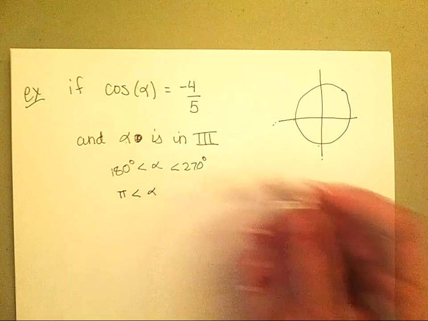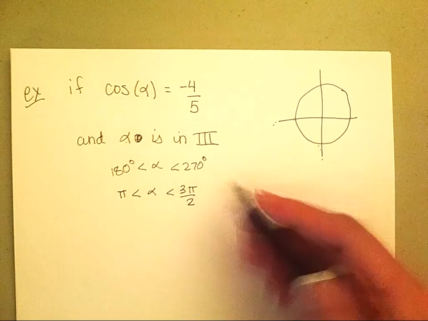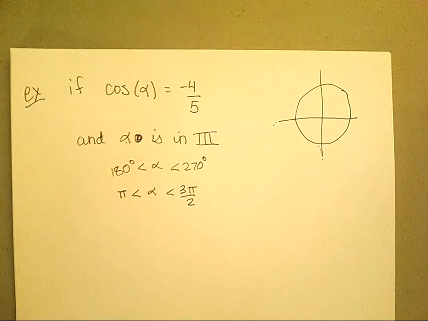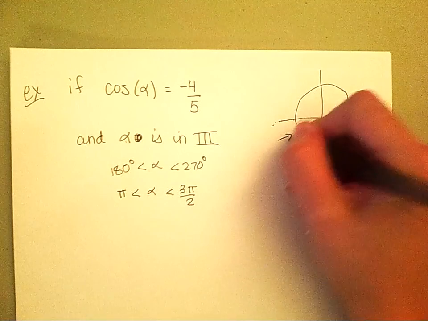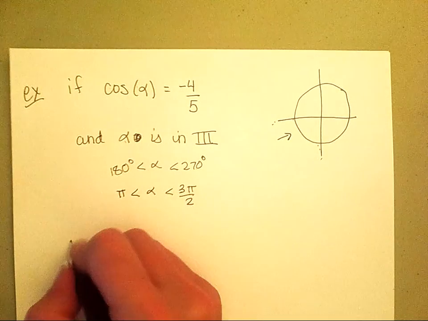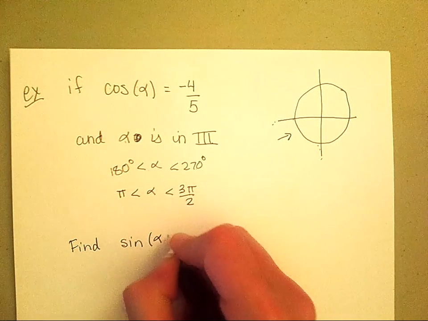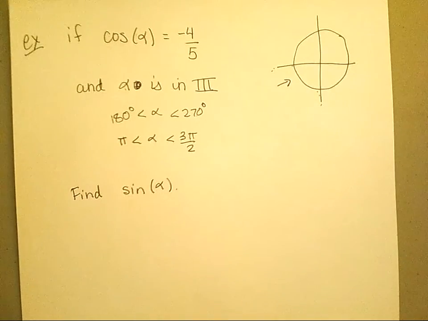Another way would say, well, this is pi less than, and this is 3 pi over 2. These are all ways to say that alpha's in 3. Okay, so we know we're going to be in here. So now the question becomes, let's find the sine of theta. I'm sorry, alpha.